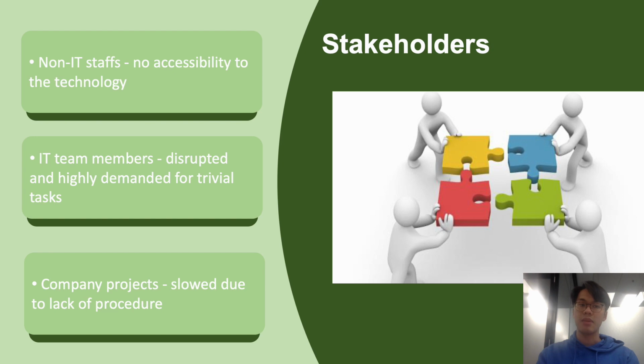There's the IT team member, which is disrupted because of the problems raised by non-IT staff, and they are highly demanded for trivial IT troubleshooting tasks and could not focus on the data migration project. There are also the company projects and the people in those teams, which are delayed due to the lack of procedures and communications.